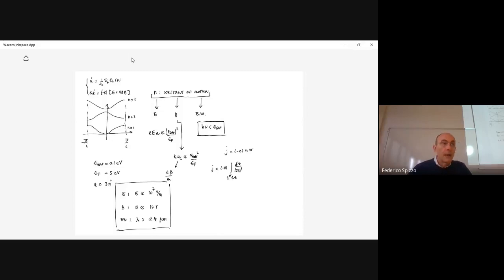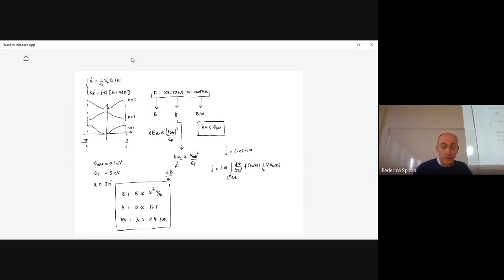Then the actual number of electrons is represented by the Fermi-Dirac distribution, evaluated using the energy of the electrons, E of n. And then we have the velocity of those electrons, that is 1 divided by h bar, the gradient of E of n of k. If you notice in the integral, we always have the band index.